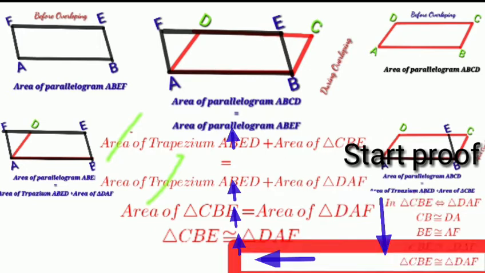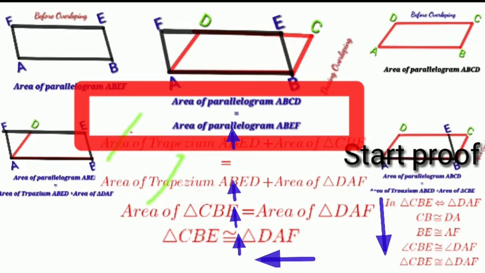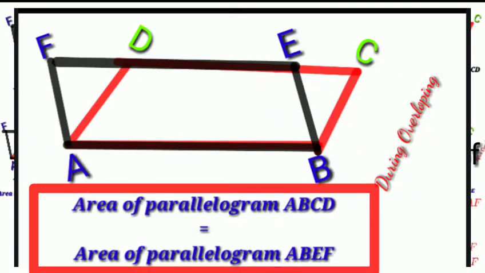When these two triangles become congruent, then their areas on the same base and same altitude become equal, and on adding area of trapezium ABED to both sides, area of parallelogram ABCD is equal to area of parallelogram ABEF.